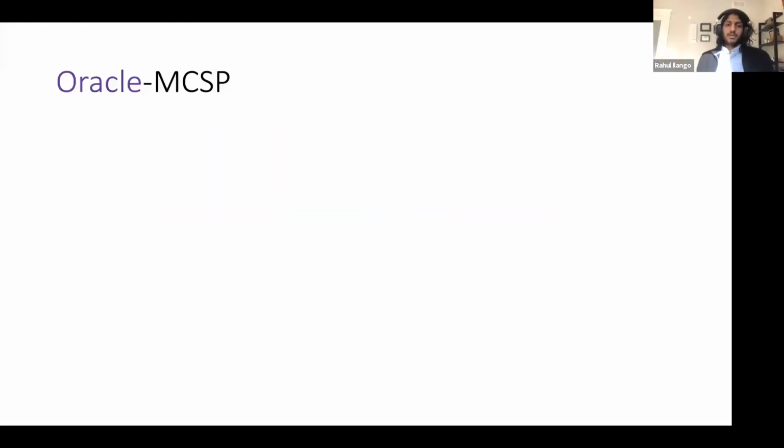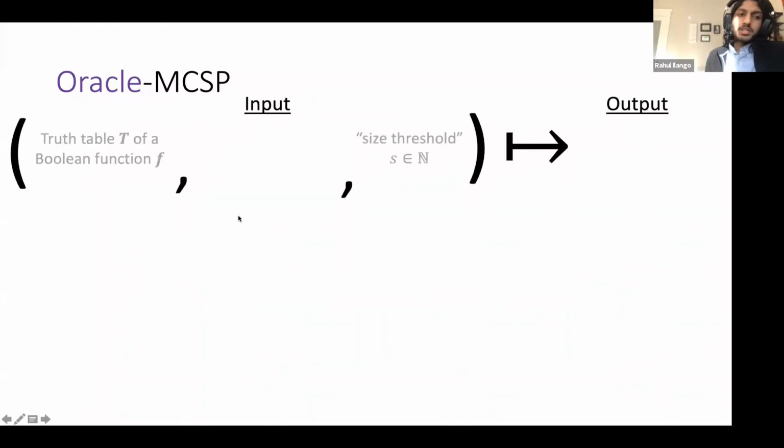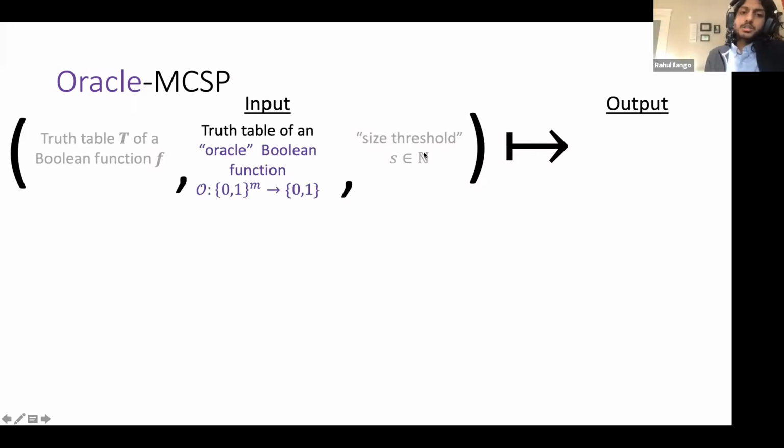Okay, so chronologically, the first result was about this modified version of MCSP that got to use oracles. In usual MCSP, you get the truth table of a Boolean function f and a size threshold. That's still there. But now, in addition, you'll also get the truth table of an oracle Boolean function. So you get a fixed Boolean function as input.